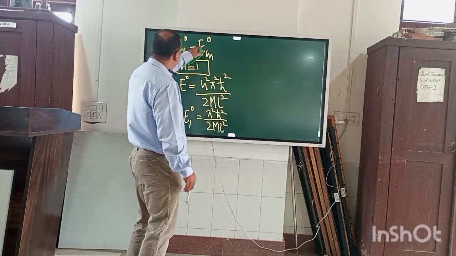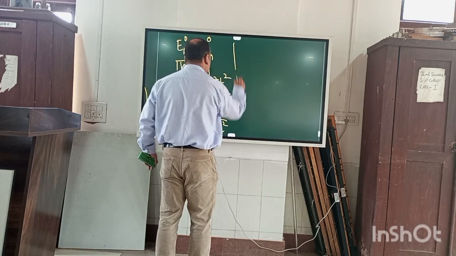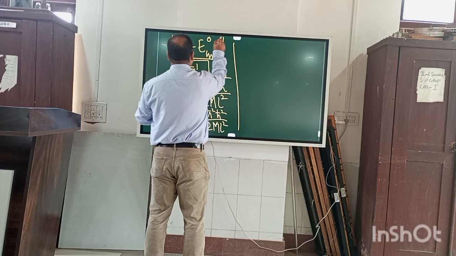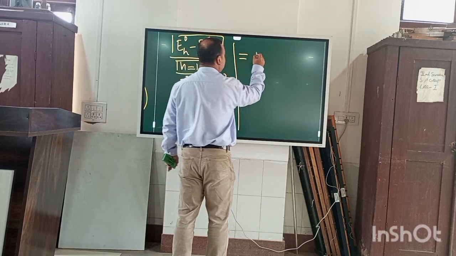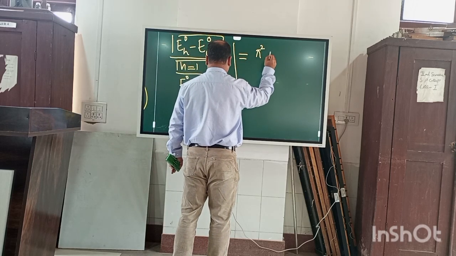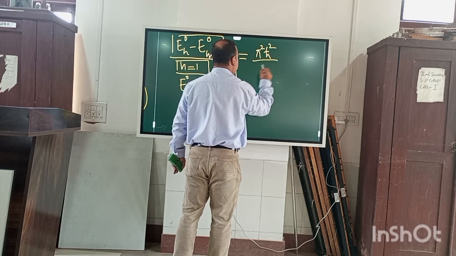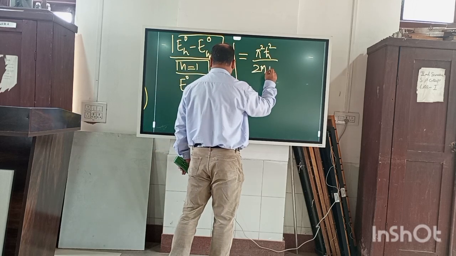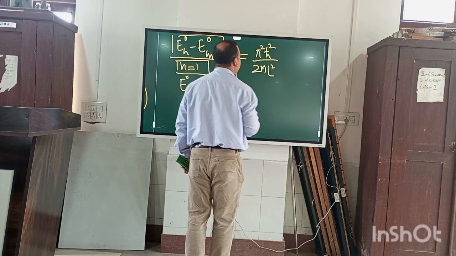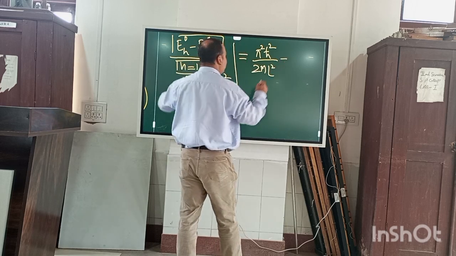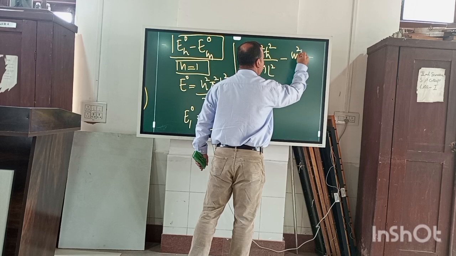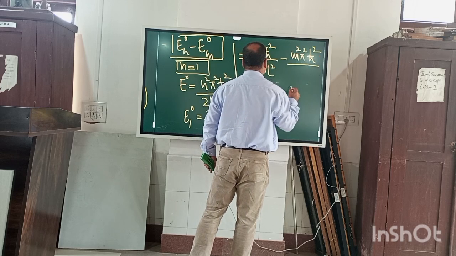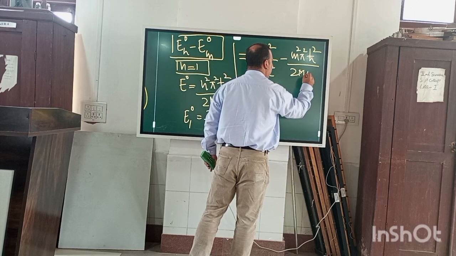So similarly, you can think of Em naught. So this difference can be written as pi squared h bar squared by 2M, where I'm using capital M for the mass of the particle, then L squared, minus m squared pi squared h bar squared divided by 2ML squared.